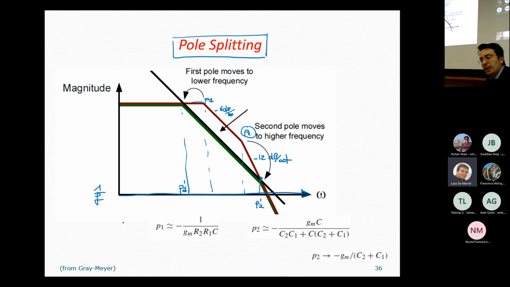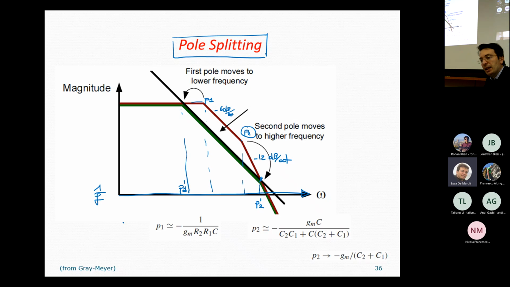Let's jump back to the presentation. Okay, so basically the more we increase the compensation capacitance, the more we have the splitting, and therefore we typically tend to have a more stable circuit.